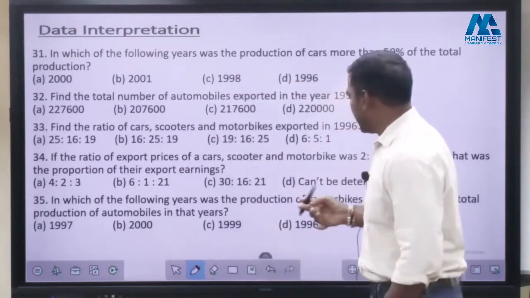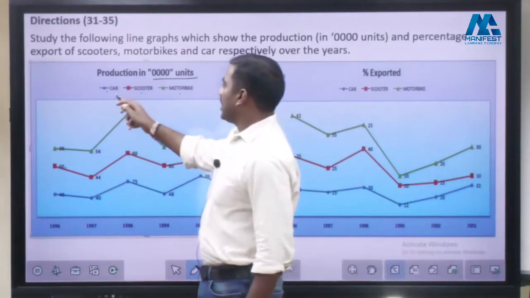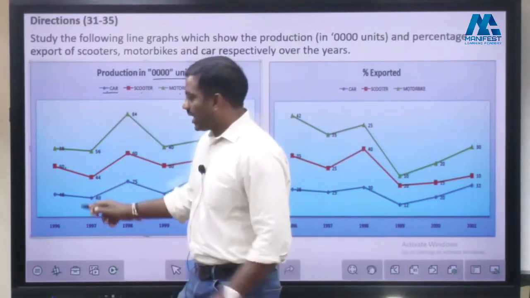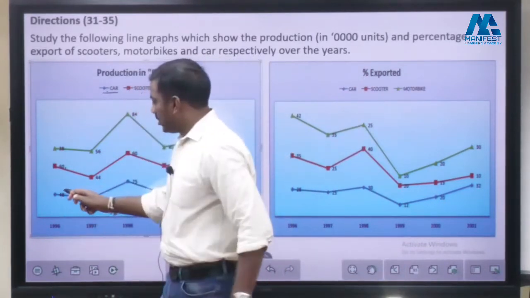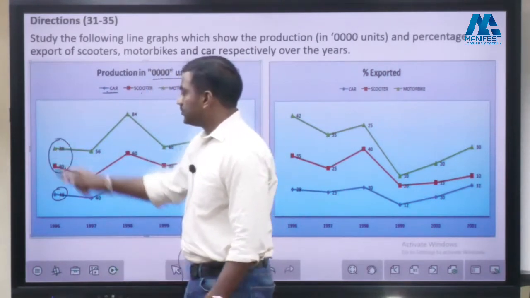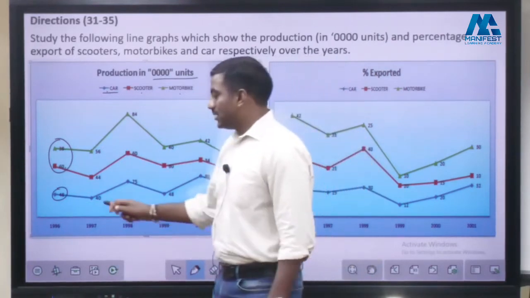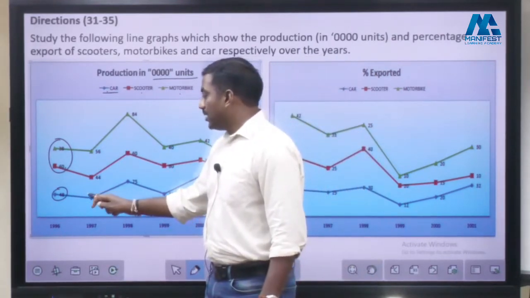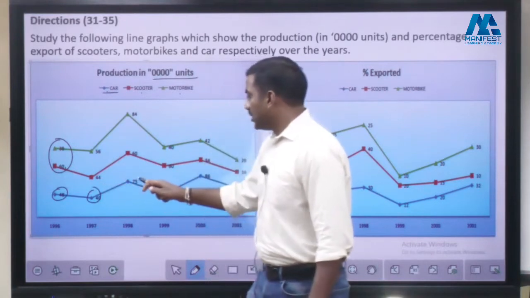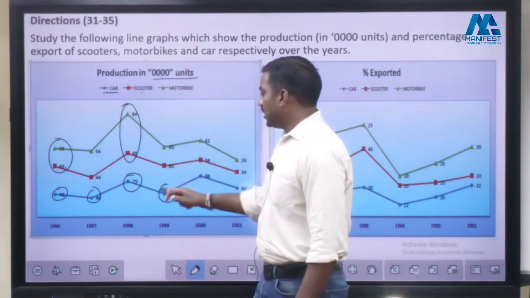So let us find out like that. Look here. We are focusing at car. Again, keep your finger here. 48. Is it more than the sum of these two? Less. Okay. Is it more than these? No. This one?